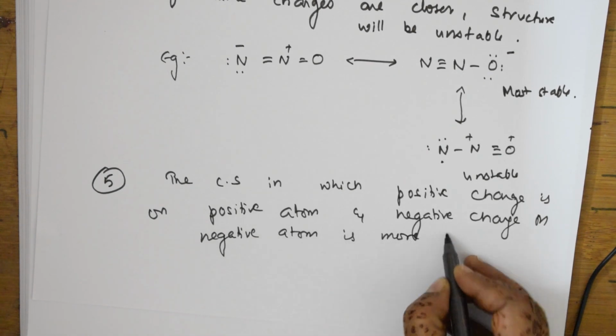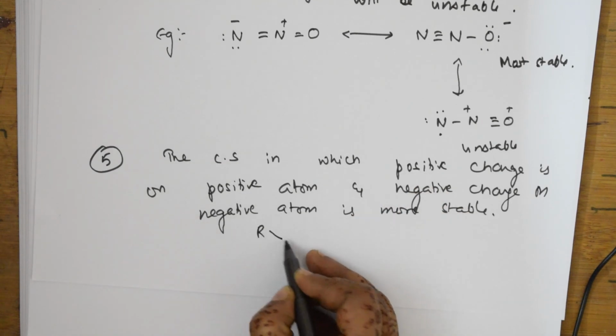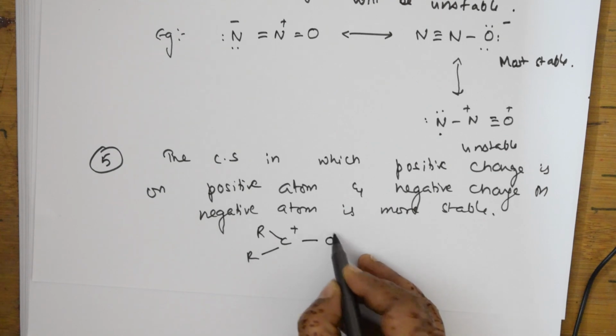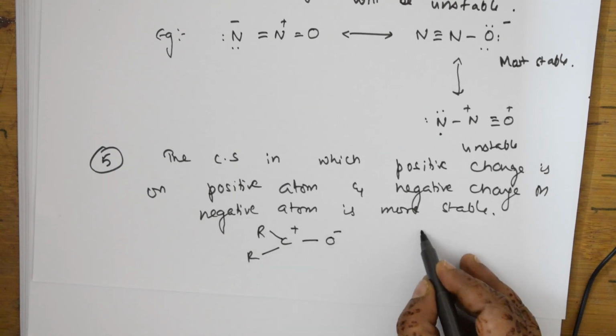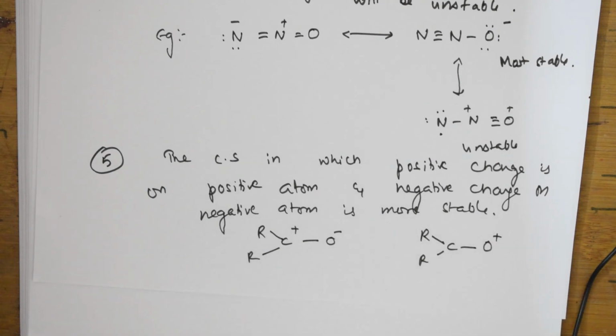This is more stable. Okay, right. How do we write this? R, C, R. This is plus. Okay, this is minus. How will one more? R, C, R.